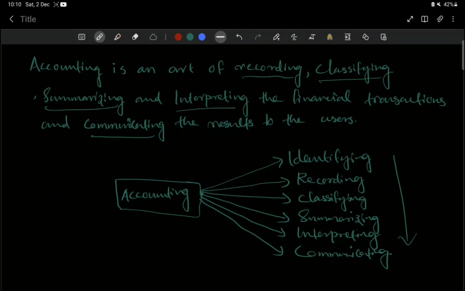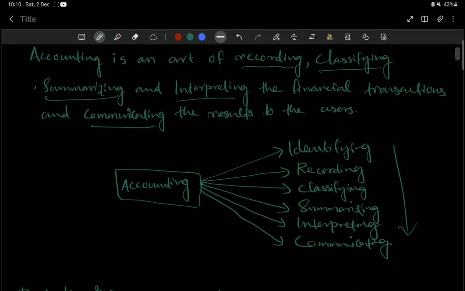At the last, we need to summarize all the events and transactions. Only then will we know how much the total sales are, how much the total purchases are, etc. This involves presenting the classified data in a manner which is understandable and useful for internal or external users. If we have so much data related to sales and purchases, then we have to classify it, right, which is cash, which is credit, which is monetary, which is non-monetary. In summarized form, it will show how much the total sales are, how much the total purchases are, etc.